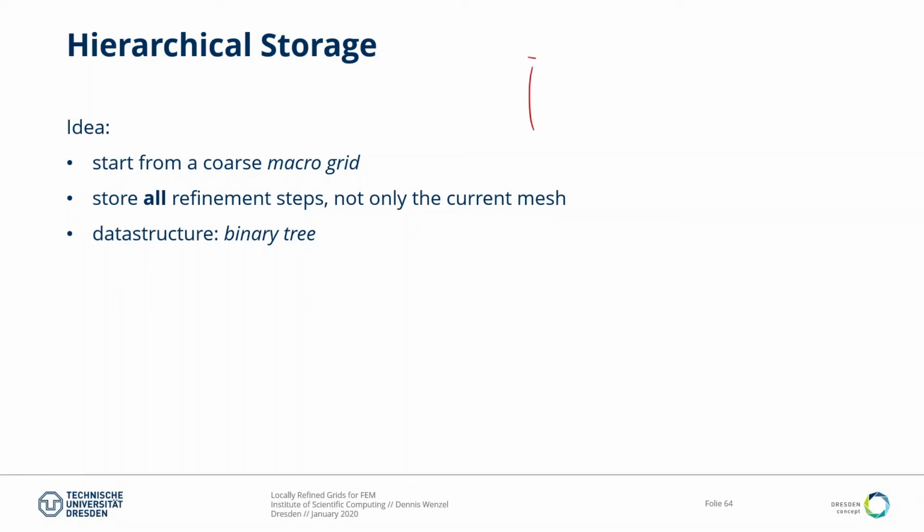You can always think, in the simplest case, of just having 2 cells, or maybe 5 times 5 or something very simple. And then when refining, you not only store the current mesh, so you don't just delete the old cells, but you store all refinement steps. And to do this in a bisection type way, the perfect data structure for this is the binary tree.